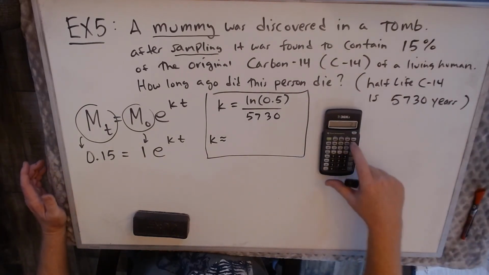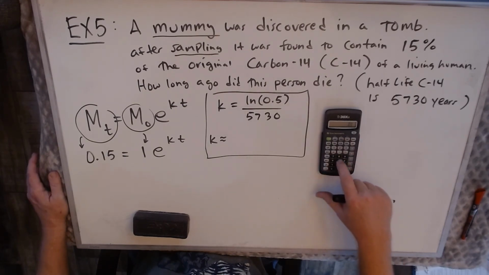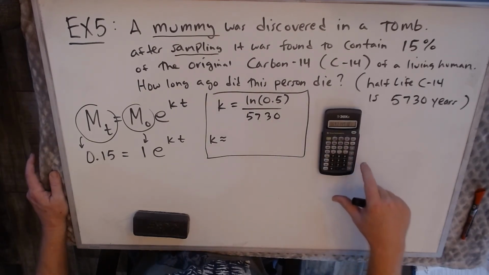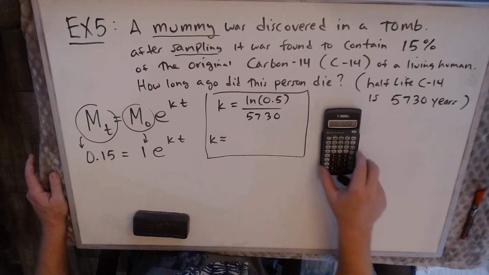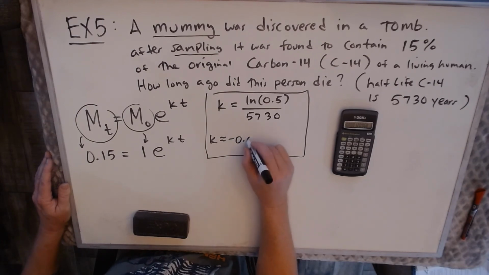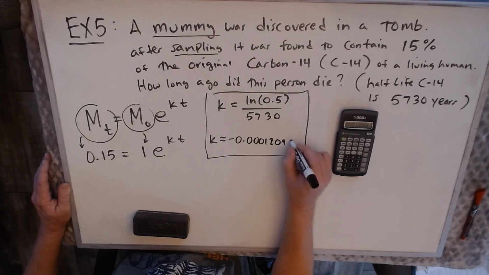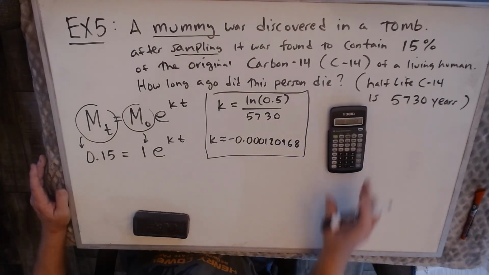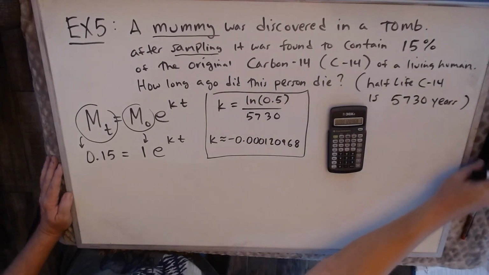Excuse me, I hit the wrong button. ln of a half, glad I caught that, divided by 5,730. I'm going to get a very, very small decay constant, negative 0.0001200968. That's the decay constant for carbon 14.